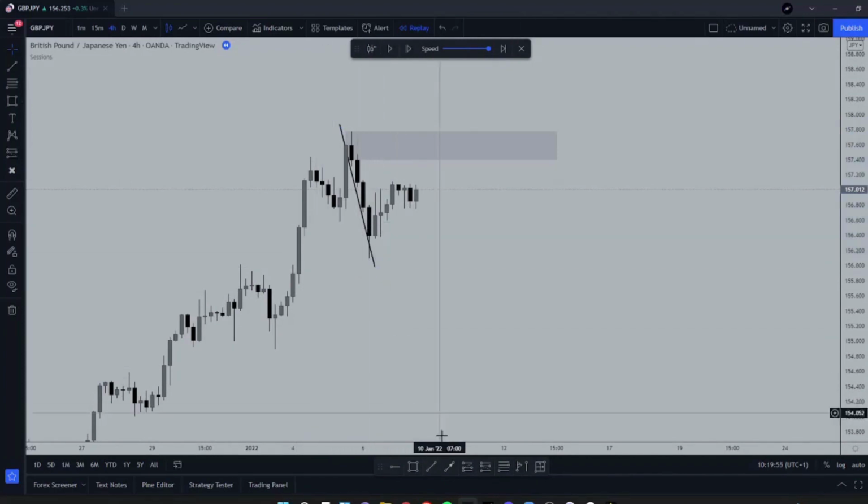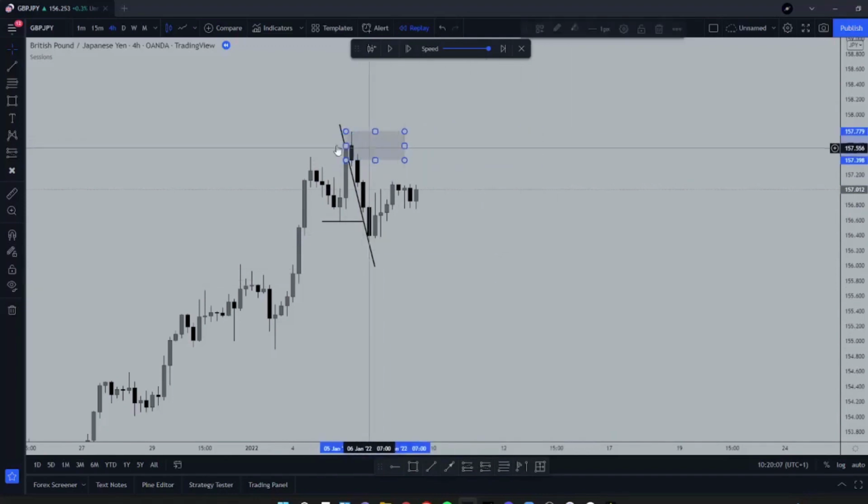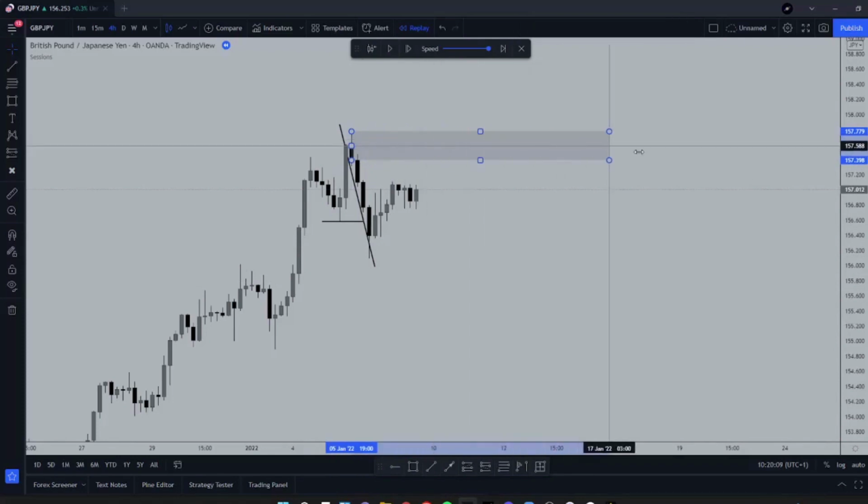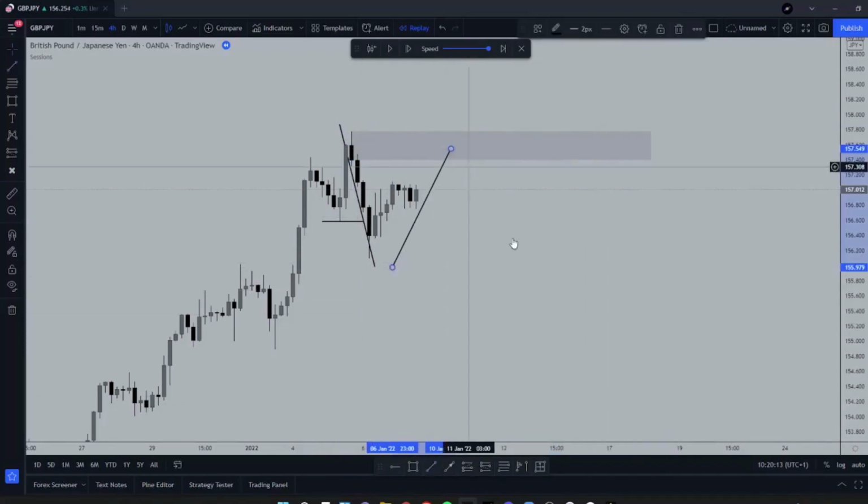We saw a move that broke previous structure or a previous low, like this. Okay, so what we have to do now is, once this is a valid break of structure, we draw a zone and we look if it's a fresh level. Is it a fresh level? Yes, price has not come back to the zone yet.